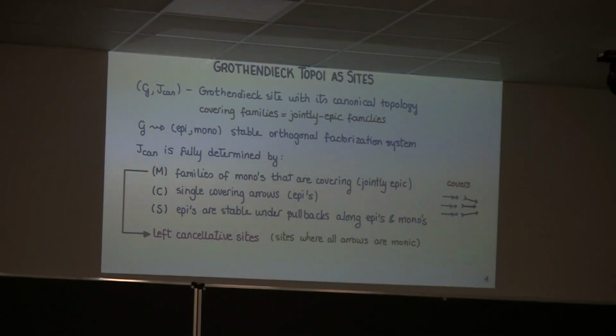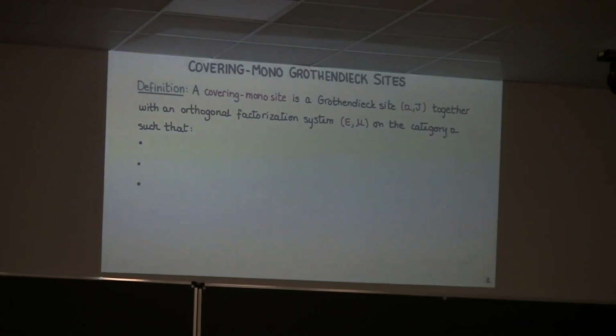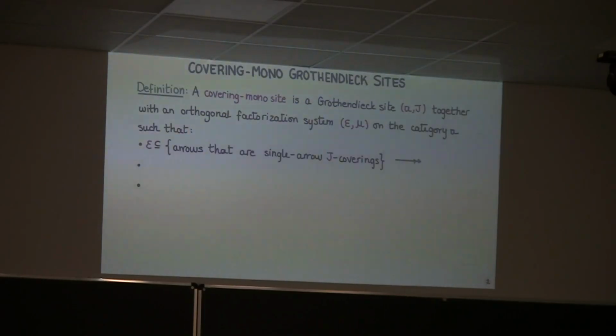So let's see what we get. We define a covering monosite as a Grothendieck site with its topology, together with an orthogonal factorization system (E, M) satisfying these three conditions. First, that the left class is included in the family of arrows that are single arrow coverings for this topology.